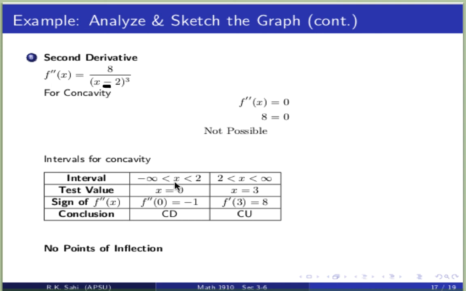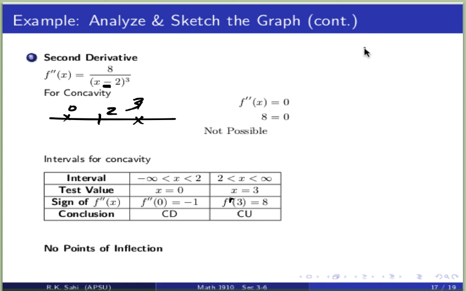So that's what we will be using to find intervals. So the intervals are minus infinity to 2, and 2 to infinity. Pick a test value, and I pick a test value after that: 0 and 3. Second derivative at 0 is minus 1, that means concave down. And second derivative at 3, another typo, is 8, concave up.